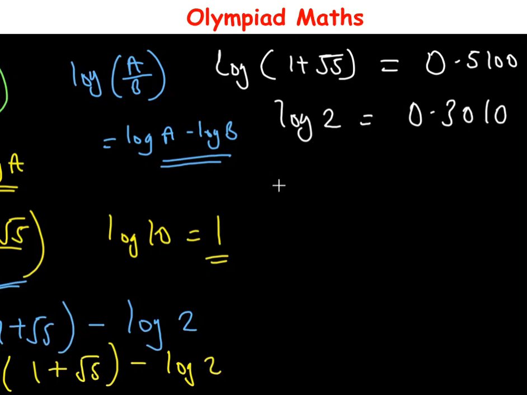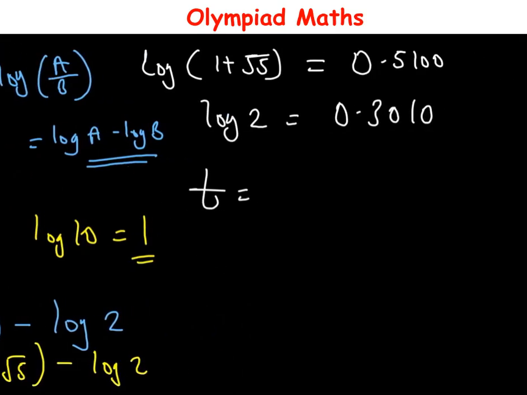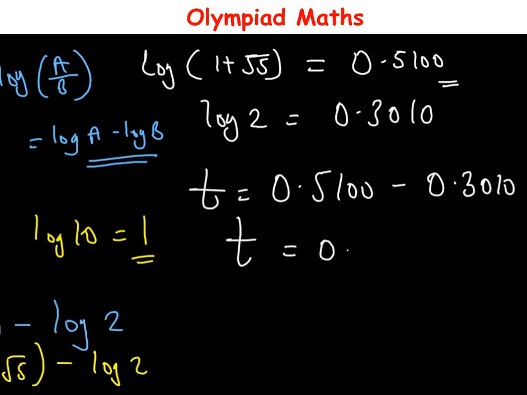So if you subtract, 0.5100 minus 0.3010, the value of t will be equal to 0.2090. Now we've gotten the actual value of t.